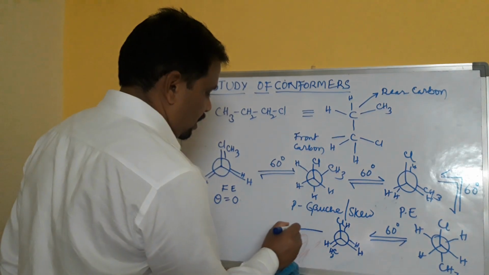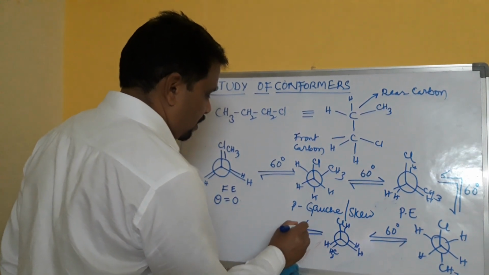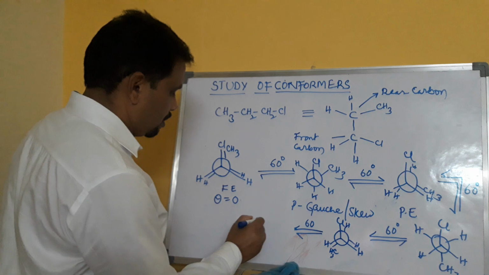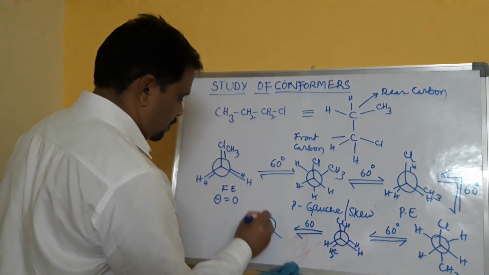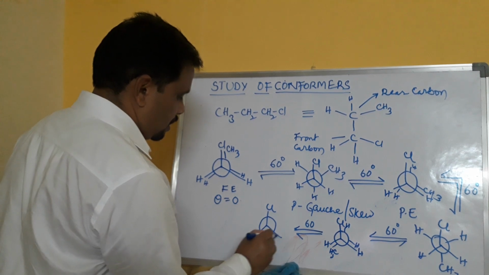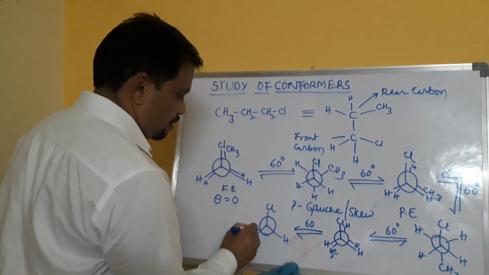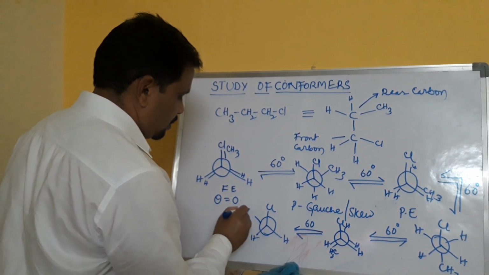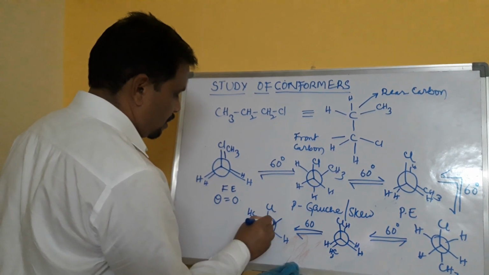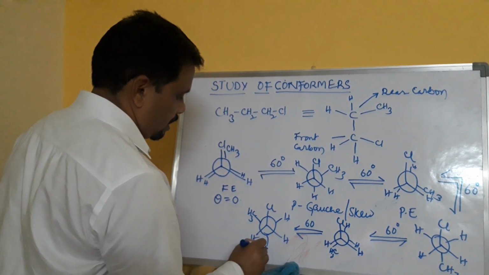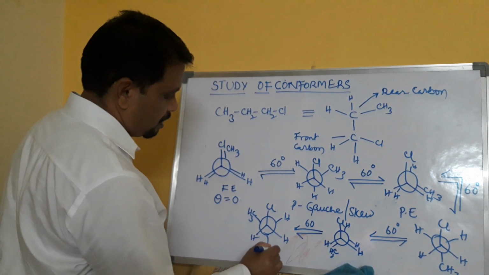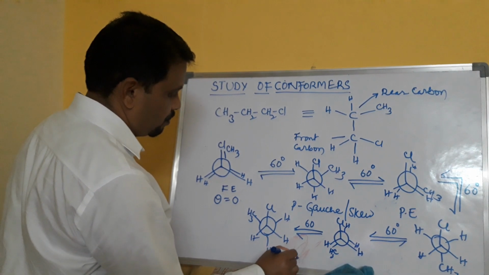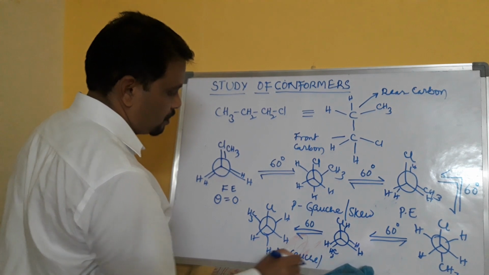Again on 60 degrees rotation about the C-C single bond, you will get another conformer: chlorine, hydrogen and hydrogen, then CH3 and hydrogen and hydrogen. This is the M gauche or skew conformer.